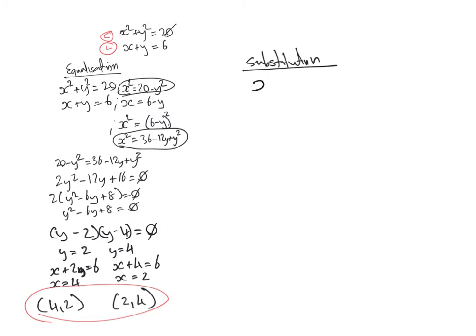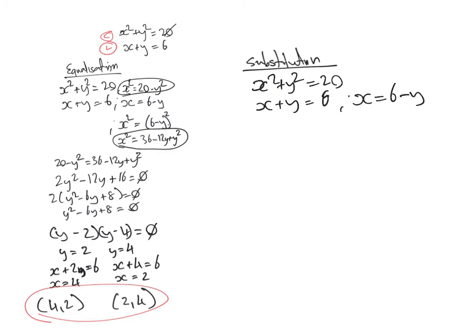So this is how we go. x squared plus y squared equals 20, x plus y equals 6. We're going to rearrange this so it says x equals 6 minus y. Now, substitution involves taking something we've created and substituting it into the other equation.